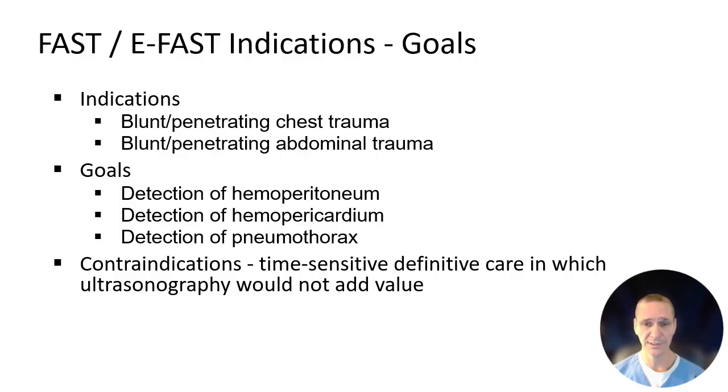You just want to detect if it's there or not. And really the only contraindication is you don't want to delay time-sensitive care because you're doing the ultrasound and FAST exam. For example, when I'm flying, if I have a patient who's clearly bleeding, who clearly needs the operating room, doing the FAST exam and delaying care is not necessarily the best thing to do.